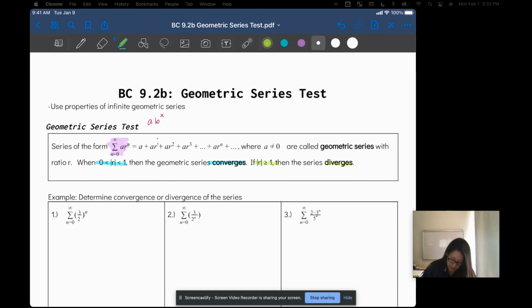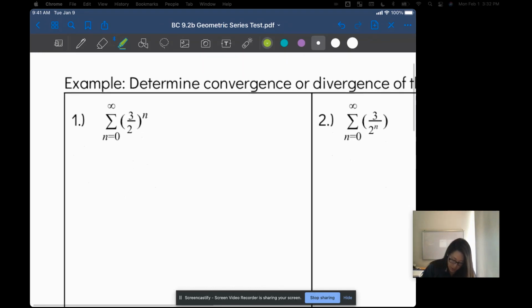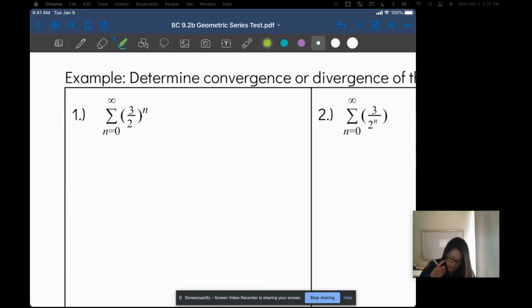So let's apply our test. Okay, check it. We have the sum from n equals 0 to infinity of 3 over 2 to the n. So I can see that this equation is just 1 times 3 over 2 to the n. So the a would equal 1, my r would equal 3 over 2.